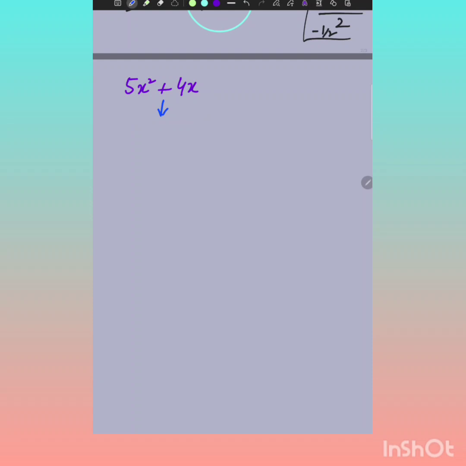So when this square becomes the coefficient, it will get multiplied with 5 and it will be 10. And 2 minus 1 is 1. We don't write 1 here, right? And 4x, x has power 1. When we take the subtraction of 1 minus 1, it will be 0, and something which has power 0 will always be equal to 1. We don't write it, and the answer, the derivative of 5x square plus 4x, is 10x plus 4.